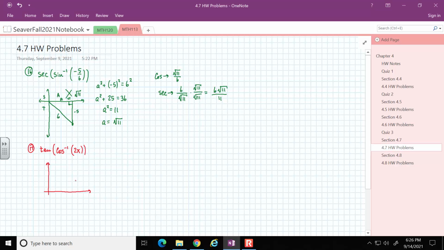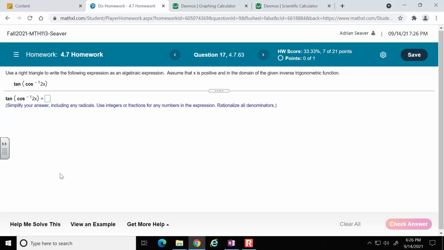And that being the case, my adjacent side I'm going to say is, I don't know, 2x, over my hypotenuse, which is, I don't know, say 1. So that's interesting. It says, assume x is positive, domain of the given inverse transform, simplifying radicals.